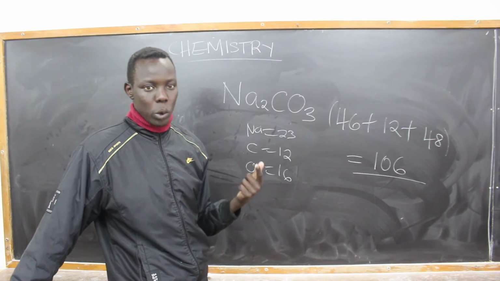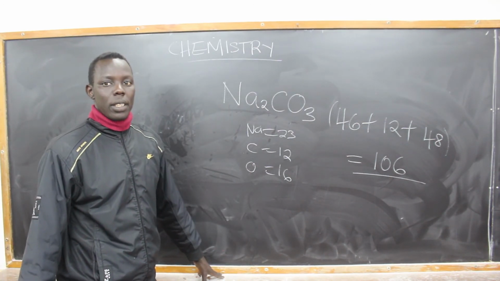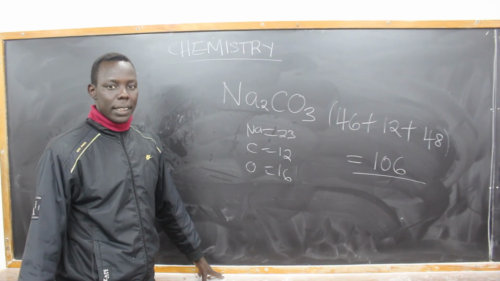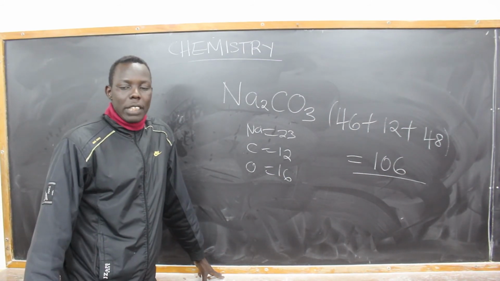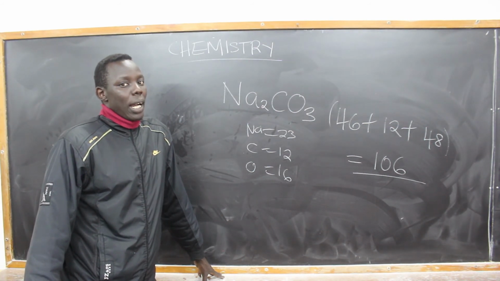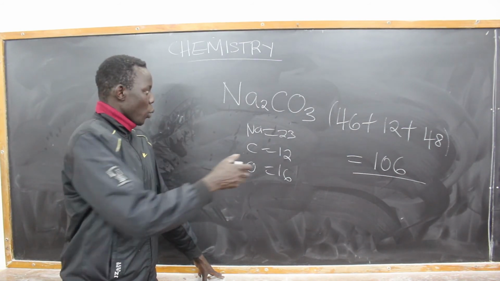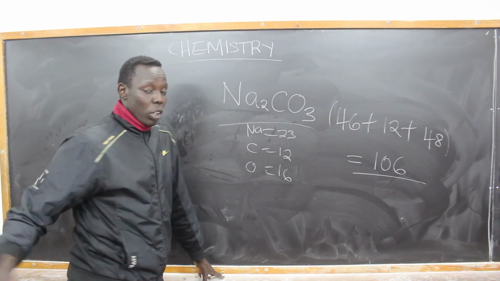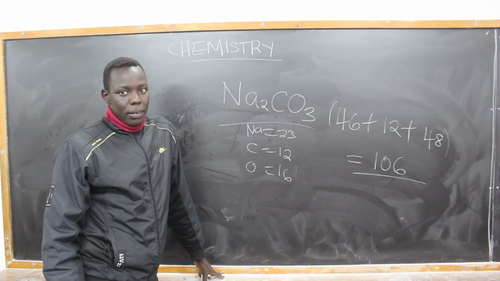So that is the importance of writing the correct formula, and that's why we insisted in forms that you should know how to write such formulas very well. At this level, you will not work with moles very well if you don't know how to write chemical formulas.